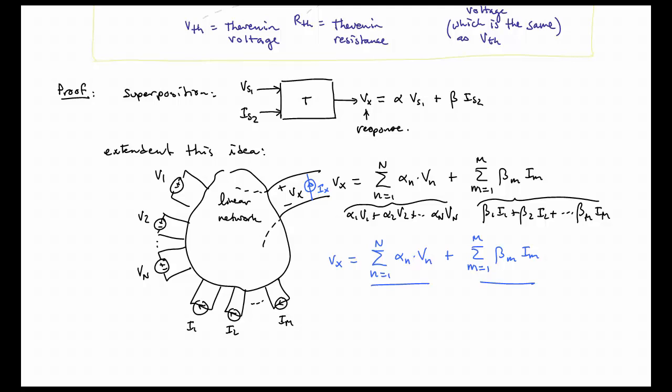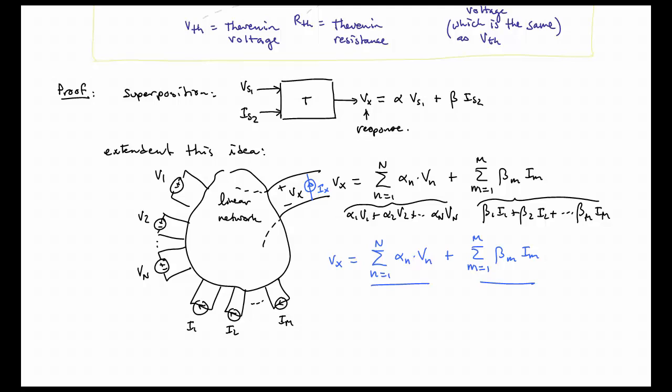According to superposition, we found that if the system is linear, we can use superposition, which says we can determine the contribution of each independent source to the response of the system by turning off all of the sources except for that one, computing the response, and then adding that to each response due to every other source acting alone.